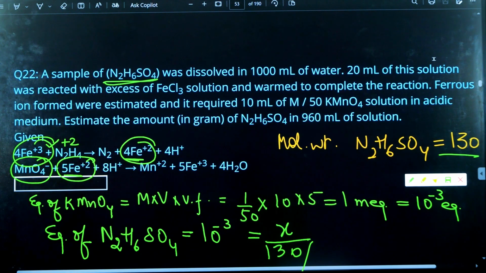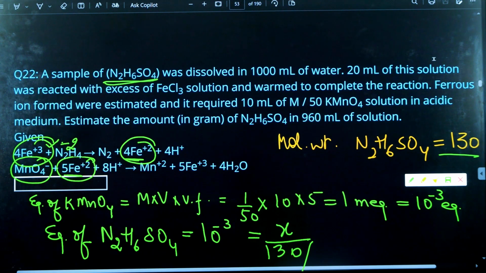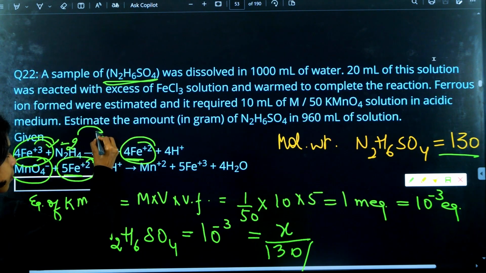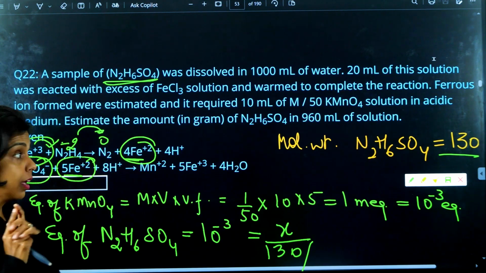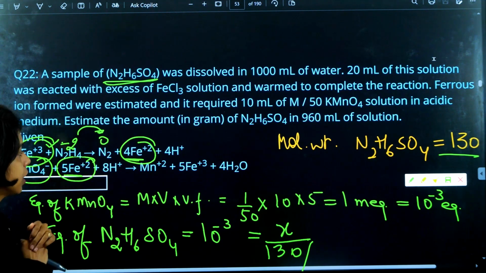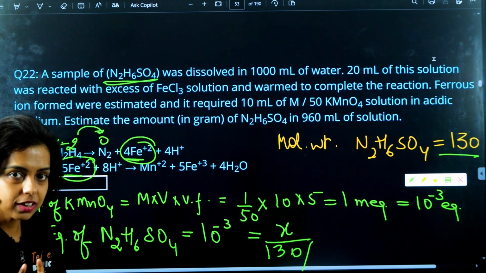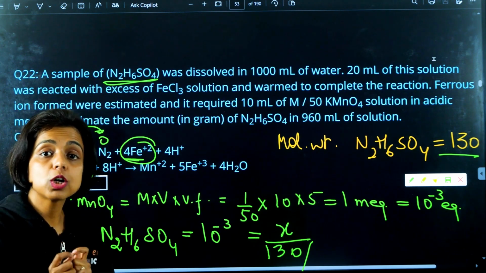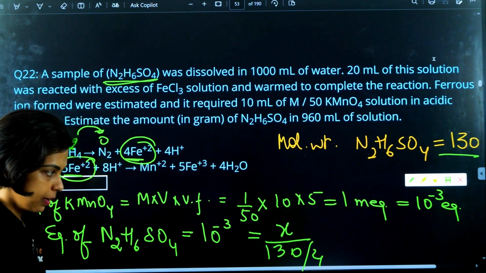You can check here the oxidation state of nitrogen is -2. So it is changing its oxidation state from -2 to 0. That means one nitrogen is losing 2 electrons and we have 2 nitrogens in N2H4. So the valency factor, the number of electrons gained or lost by one molecule of oxidizing or reducing agent, is 4 here, right?